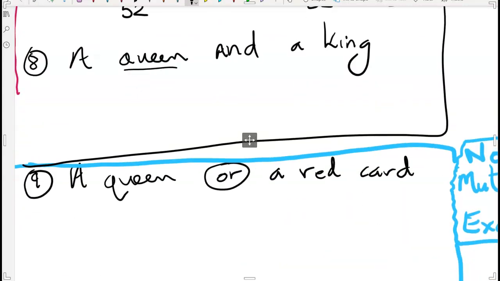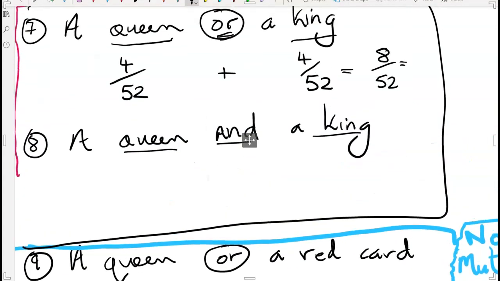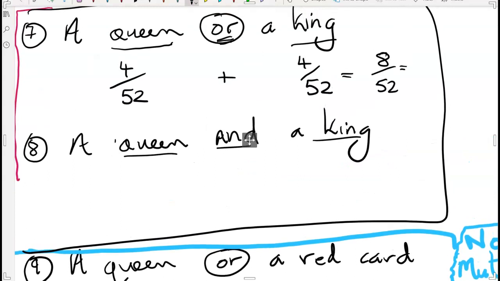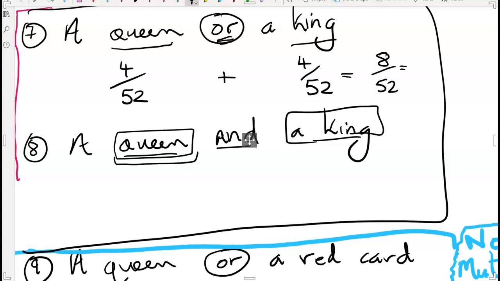Now this one, a queen and a king, slight difference here. If you draw two cards, you draw one and then you draw a second card, what's the probability that it would be a queen and a king? Well, the probability that the first card would be a queen is 4 over 52. The probability that if you then replace the queen in the deck, so there's still 52 cards to choose from, and that the next card you pick is a king, would also be 4 over 52.